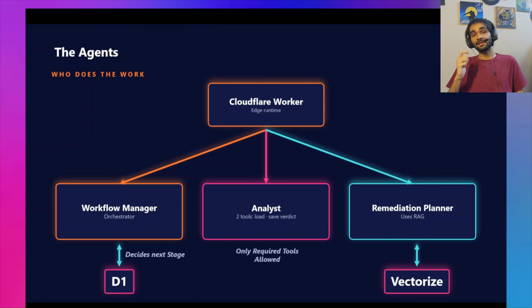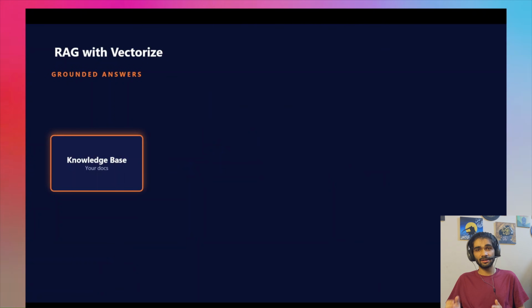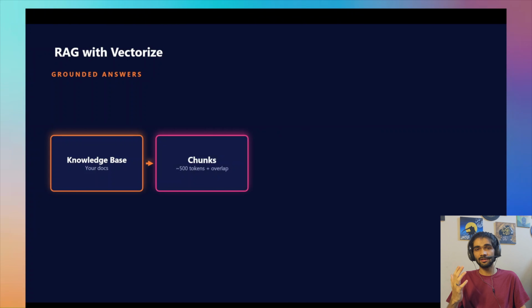Basically, instead of the AI thinking just from its memory, it goes and searches an actual knowledge base and then writes the plan. When you upload a document to your knowledge base, it gets chopped into chunks of around 500 tokens each with an overlap so that the context doesn't get lost. And each chunk becomes a vector using Workers AI embedding model provided natively by Cloudflare.